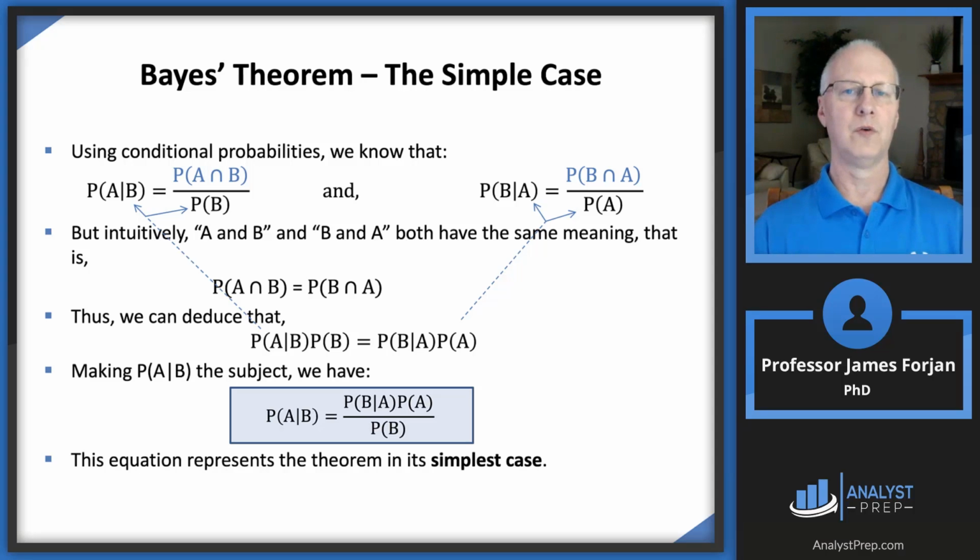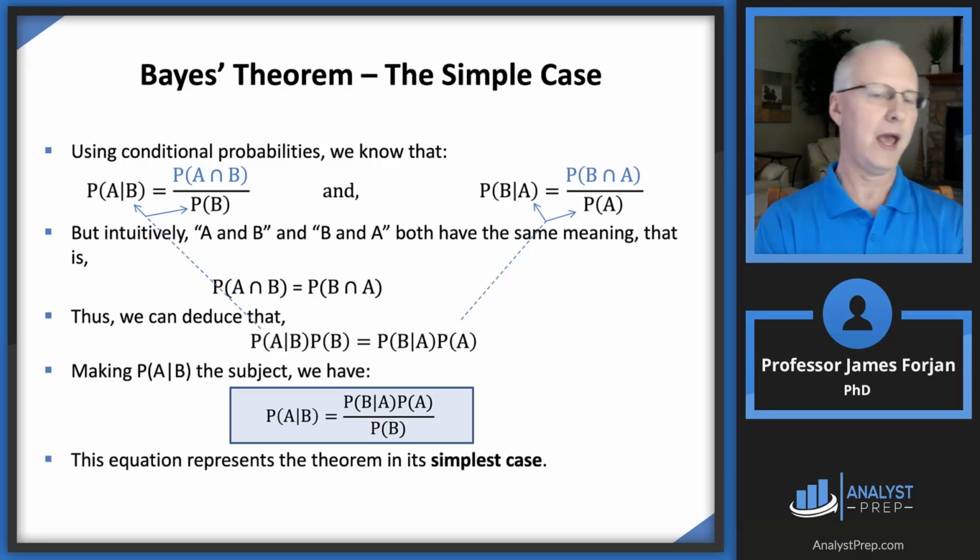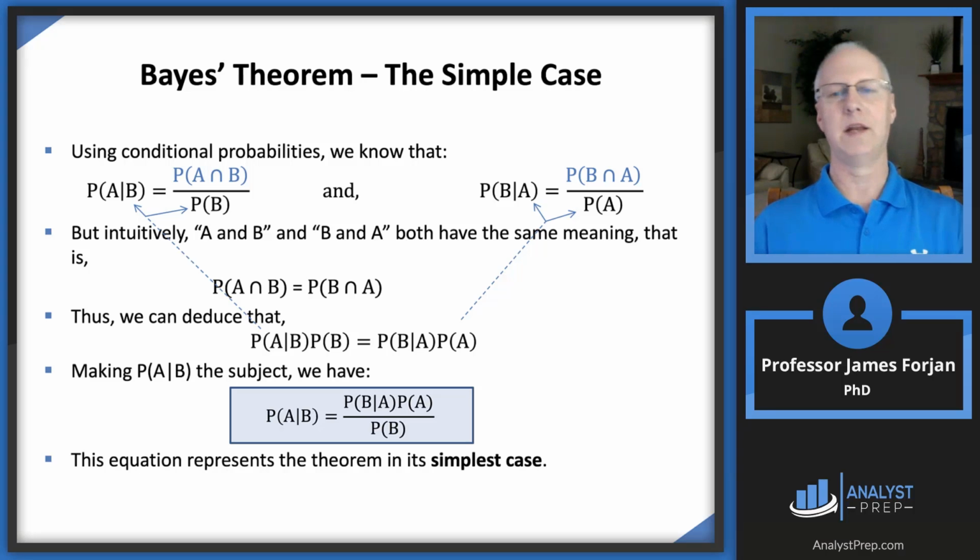And so note, what do we know about conditional probabilities? The probability of A given B can be defined as the intersection of A and B divided by the probability of A. That's what I have at the top left there. And then the opposite of that is the conditional probability of B, given that A has occurred.